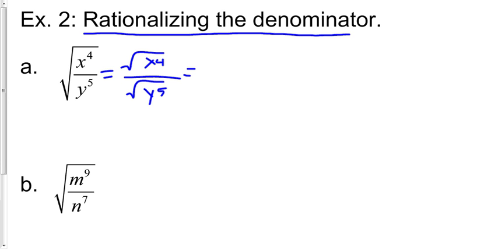Now in the numerator, this is an easy one. The square root of x to the 4th is x squared. But in the denominator, I've got an odd power, so I need to split that up into the square root of y to the 4th times the square root of y. So I get y squared times the square root of y.